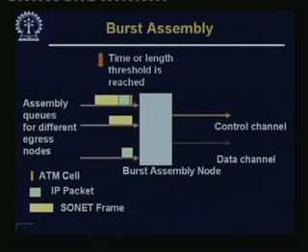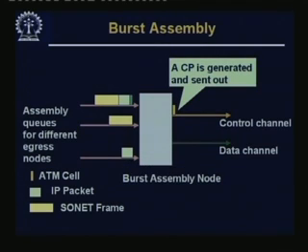The length of the burst may be variable, as we said, the burst would be long and of variable length, but all these different IP packets, frames, sonnet frames, etc., are put together. Then a control packet is generated and sent out. The control packet now knows the source, the destination, and the length of the burst. So, it is sent through a separate control channel, which goes through the control plane, as we will see.